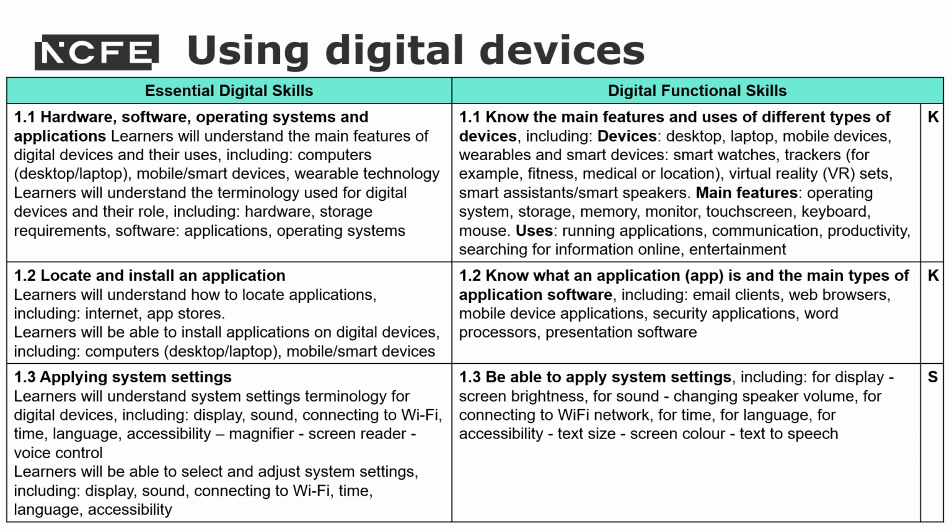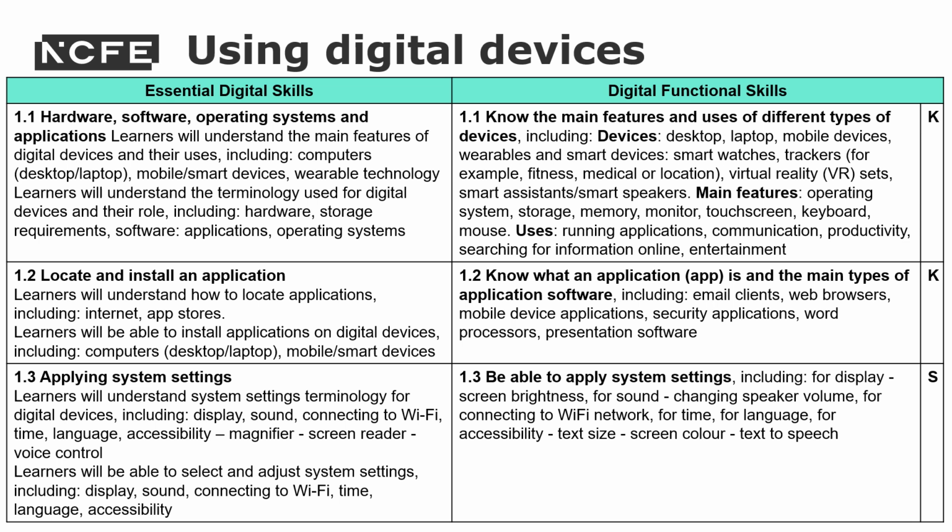So we can see the learning outcome 1.1 in both qualifications is worded differently, however, ultimately covers the same content of the main features and uses of different types of devices.